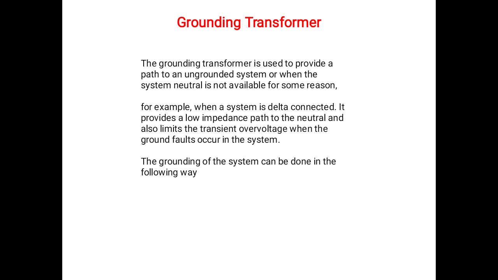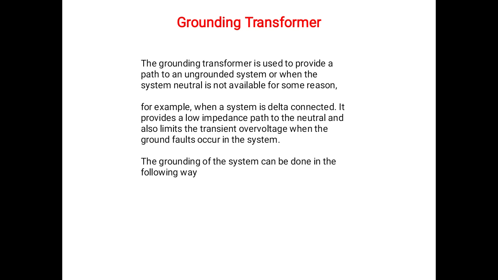First is the grounding transformer. The grounding transformer is used to provide a path to an ungrounded system, or when the system neutral is not available for some reason. It means this type of transformer is used in a system which does not consist of a neutral.